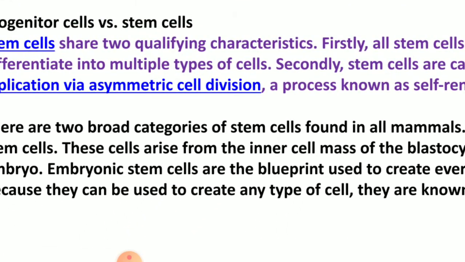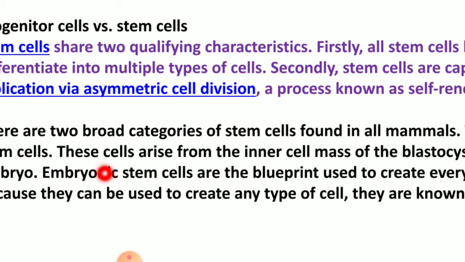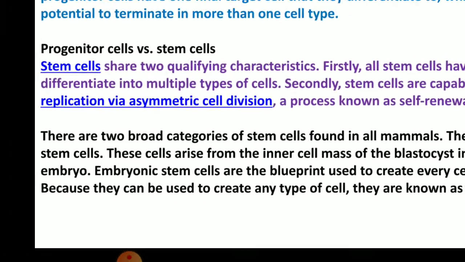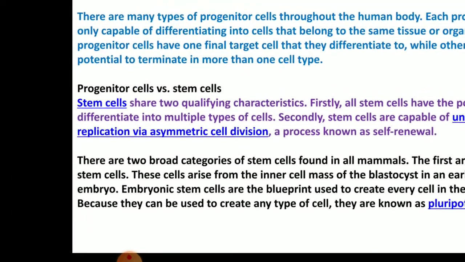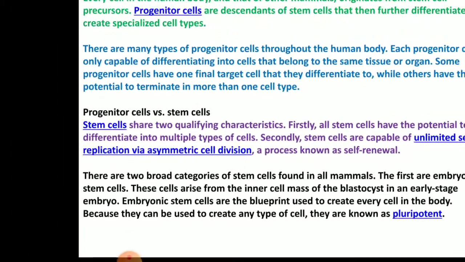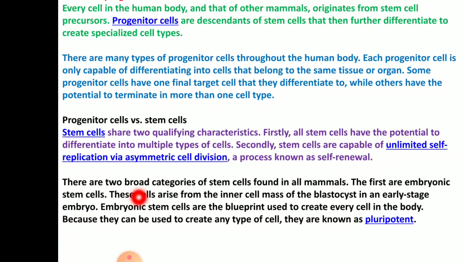These cells arise from the inner cell mass of the blastocyst in an early stage of the embryo. Embryonic stem cells are the blueprint used to create every cell in the body. Remember students, the embryonic stem cells are like master copies, which can give rise to every cell of the body.